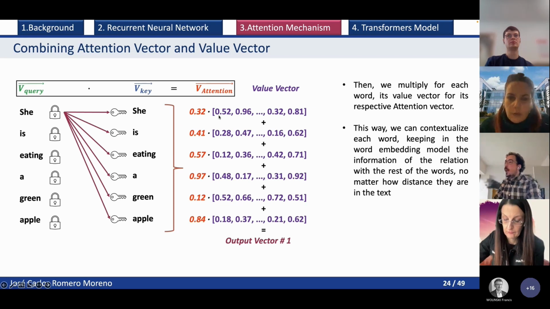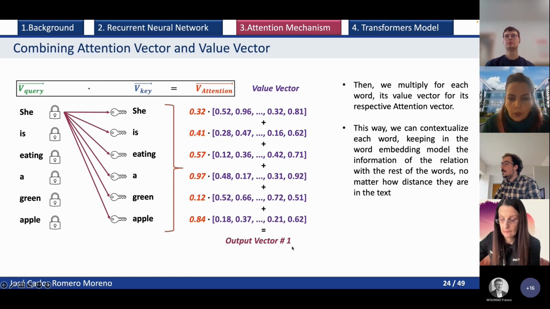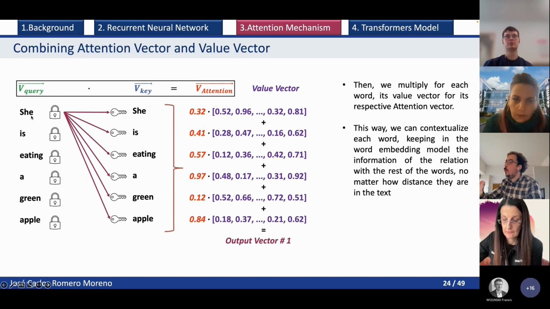We do this with each one of the words in a sentence, and this output vector number 1 has the information of the word "she" and its relation with the rest of the words in the sentence.